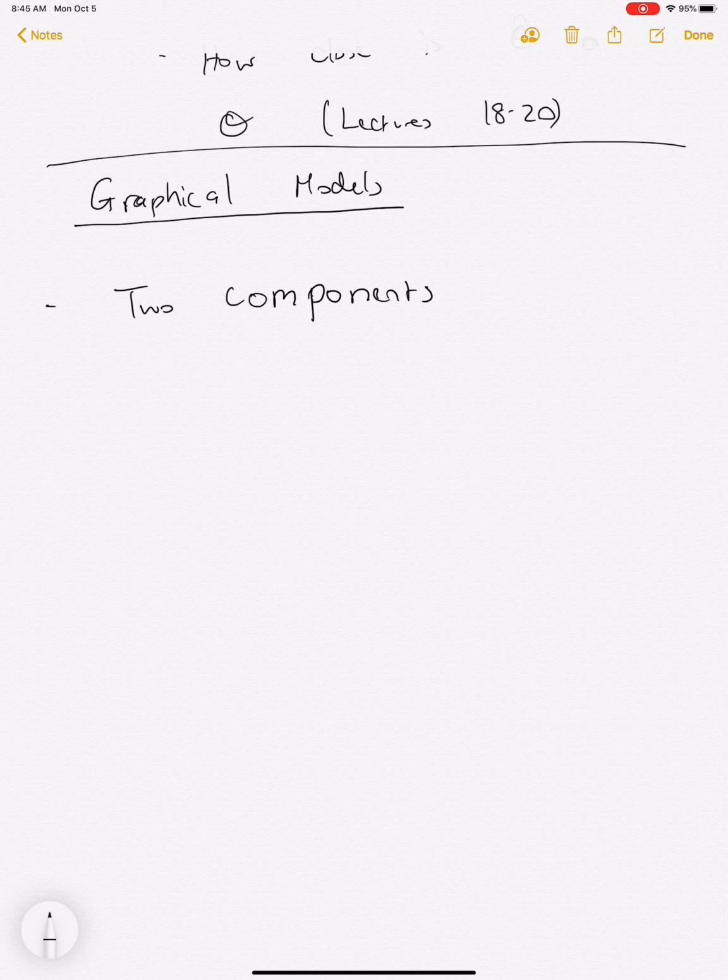Okay, so there's 2 components here. The first is the multivariate distribution, f theta of x1, x2 up to xp.